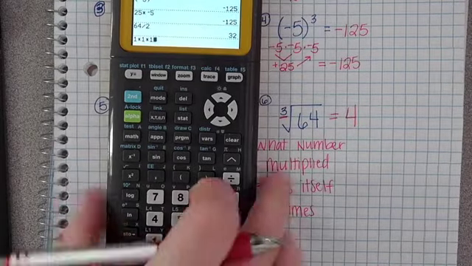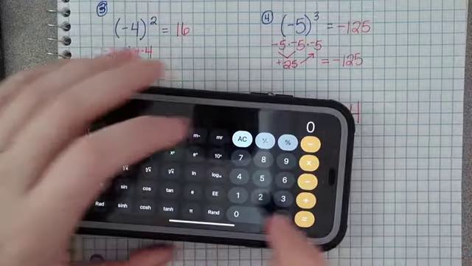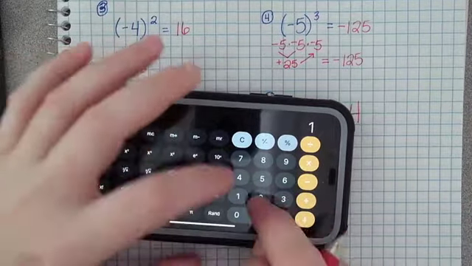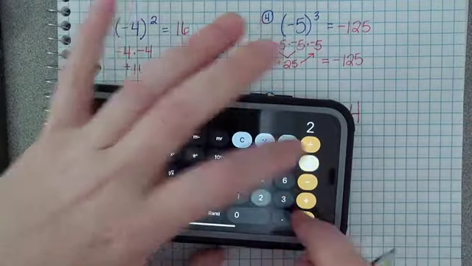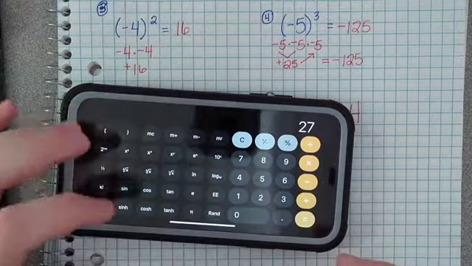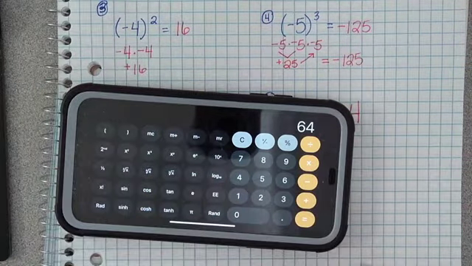Let me do it on my phone, on my calculator, since that's what you usually have. 1 times 1 times 1 is 1. 2 times 2 times 2 is 8. 3 times 3 times 3 is 27. 4 times 4 times 4 is 64.